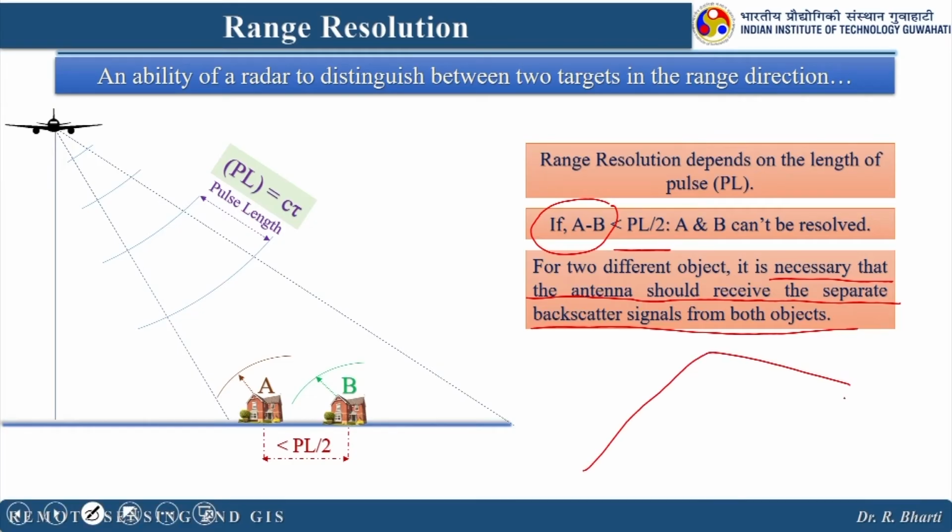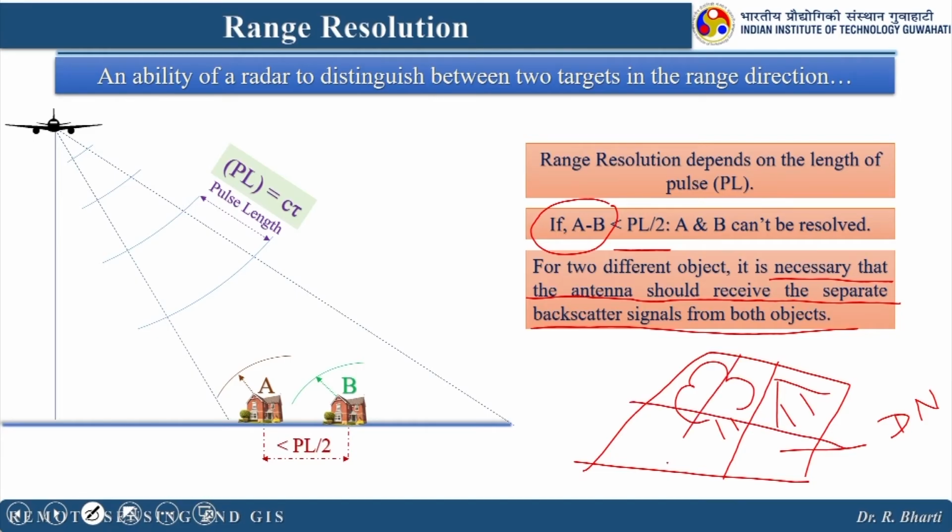So, I hope you remember optical remote sensing where you have the concept of pixel, spatial resolution. So, if one pixel is having a tree and a house together, what will happen? Basically, we store only one DN number here. So, we cannot resolve this DN number in terms of house or tree, right. But if we have several pixels here, then we can easily find out different parts of this tree and different parts of this house, right.